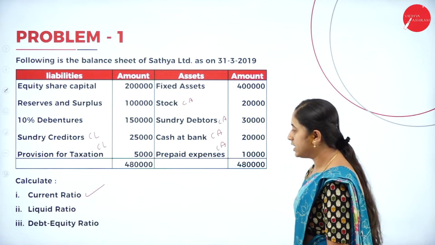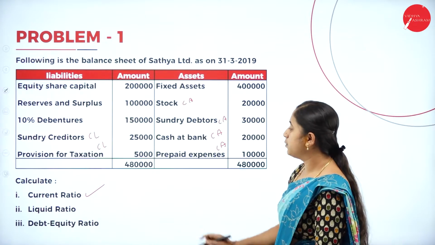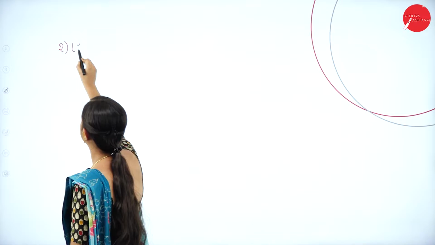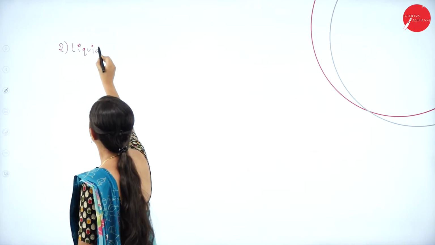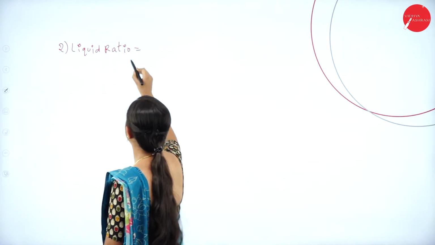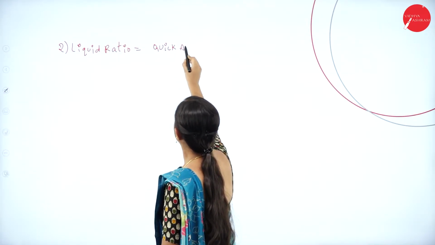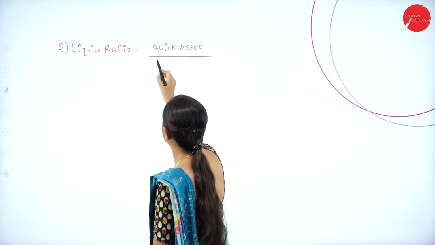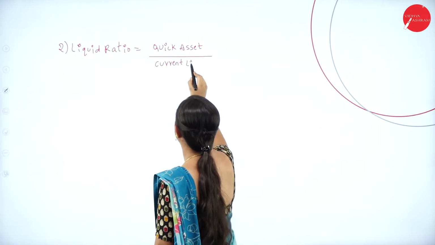Then liquid ratio. For liquid ratio, the formula is quick assets divided by current liability. Liquid ratio is equal to quick assets divided by current liability.